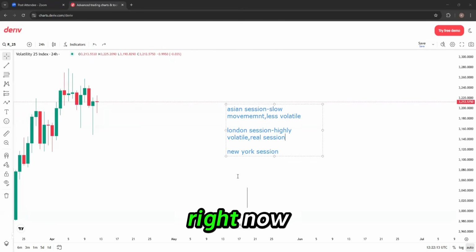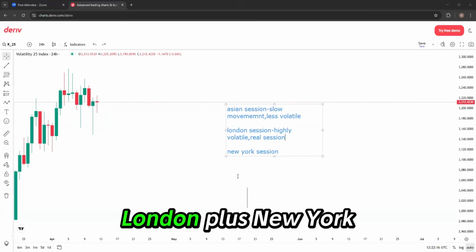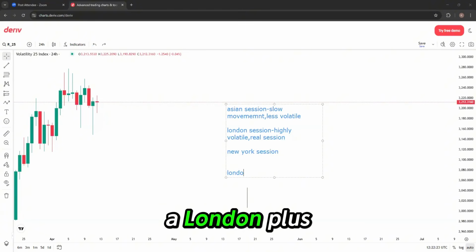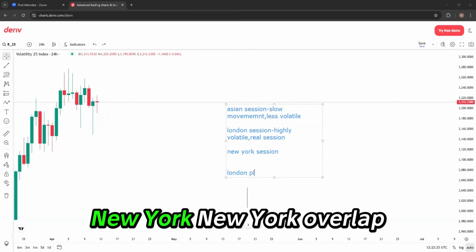Right. Now, there is what you call a London plus New York overlap. So I'll type it down here. A London plus New York overlap.